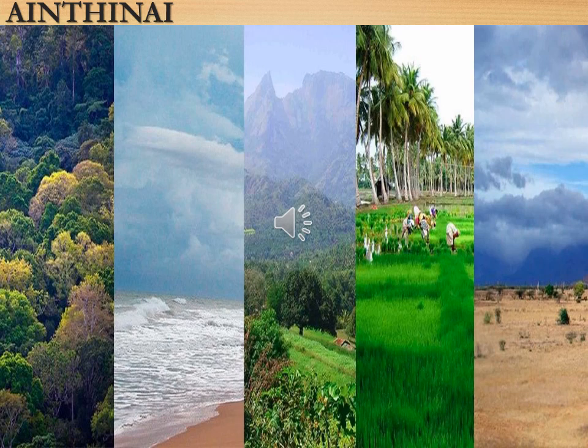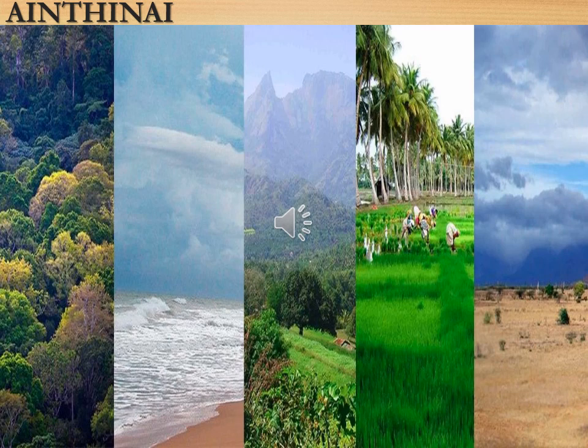That is called the five Thinais, Ainthinai, or landscape. Commonly the theme of the poem, according to human life, was divided as Agathinai and Purathinai, but based on the ecozone, the land was divided into five Thinais. That is called Ainthinai.